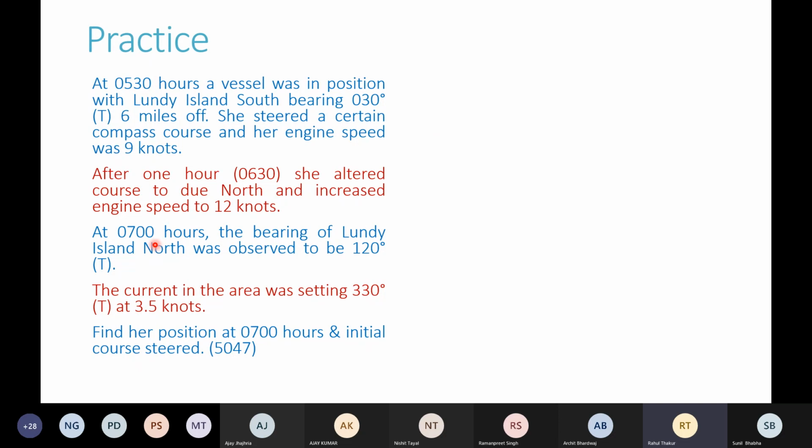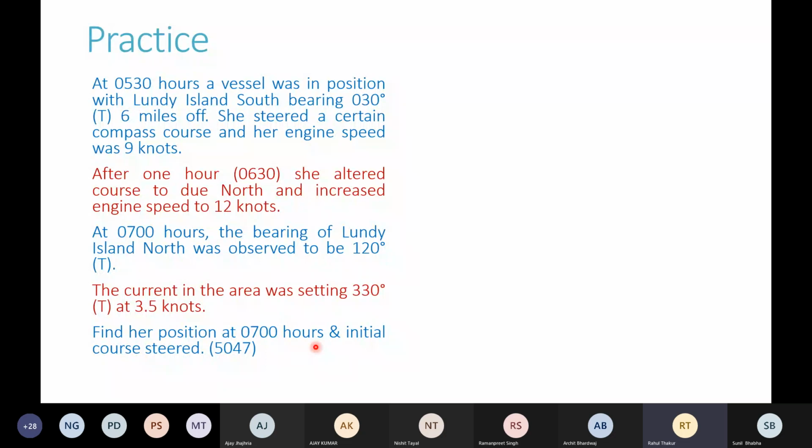In this passage, they are asking us to find out the course which the vessel steered for the first 1 hour, from 0530 to 0630. She steered a certain compass course, and that is what we need to find. The second thing we need to find is the position at 0700 hours.